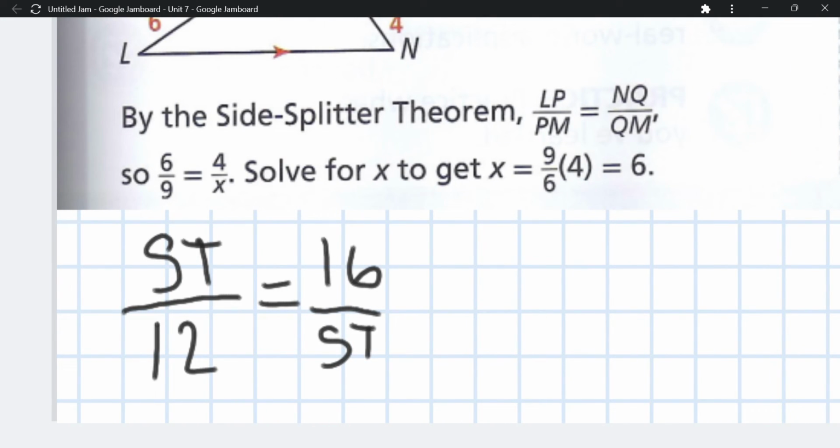You kind of got to recognize that's where the reflexive property is going to be. All right, so cross multiplication happens, and you can just go to the geometric mean formula, which says that ST is equal to the square root of 16 and 12.